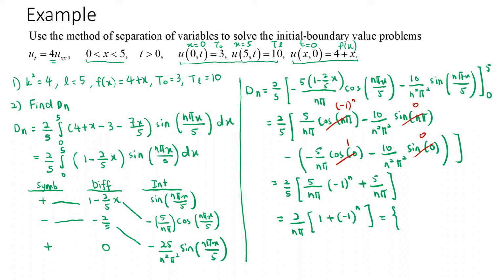Or this can be simplified as, when n is an odd number, we will get 0, and when n is an even number, we will get 1 plus 1, which is 4 over n pi, where n equals 2, 4, 6.